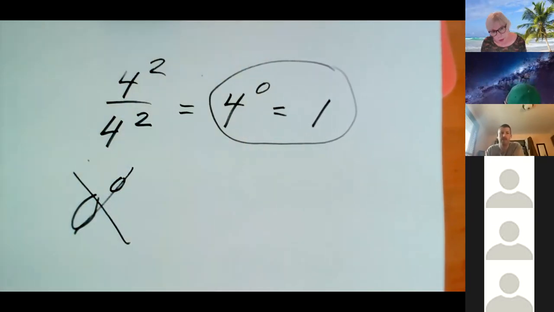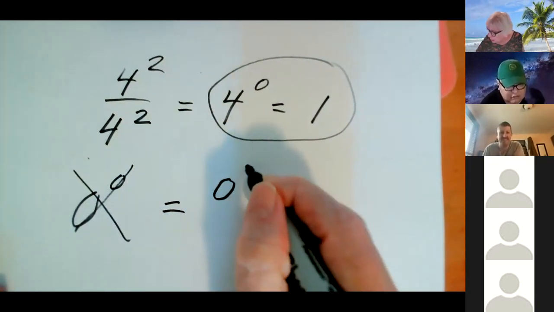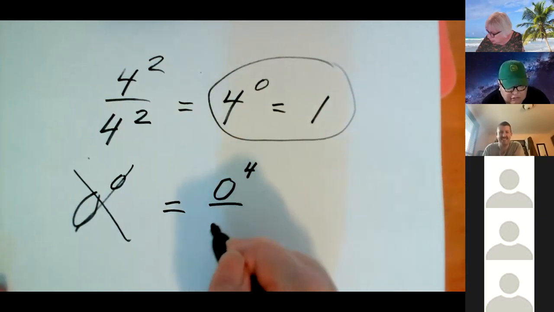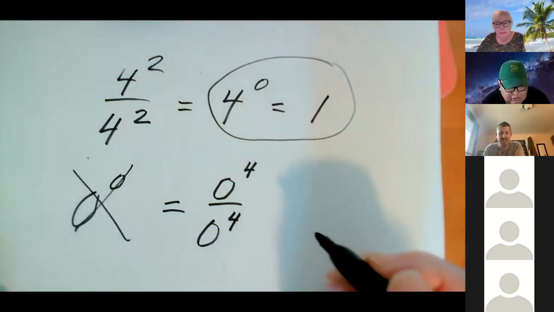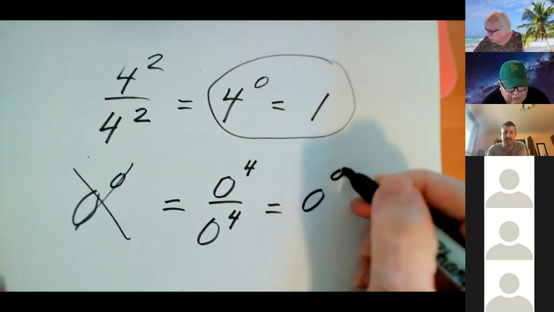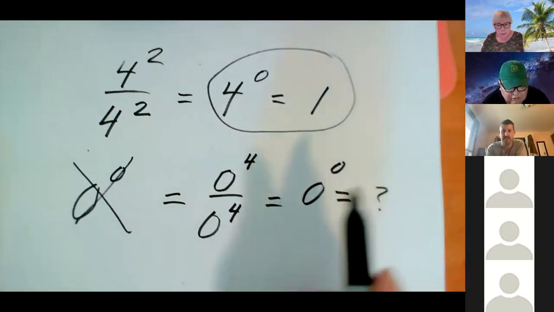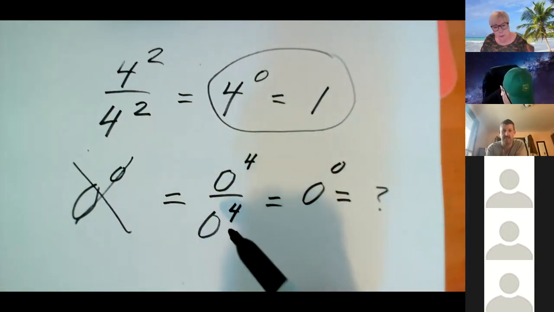This one is undefined because the way this problem would have had to work is, let's say, 0 to the 4th divided by 0 to the 4th would have been 0 to the 0. What is that? Well, the problem itself was no good.